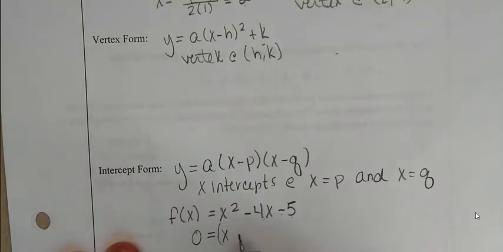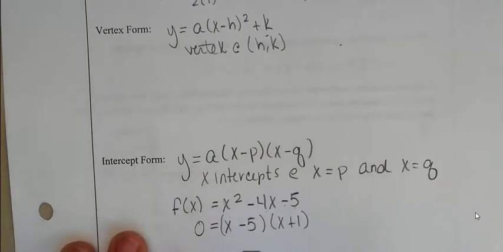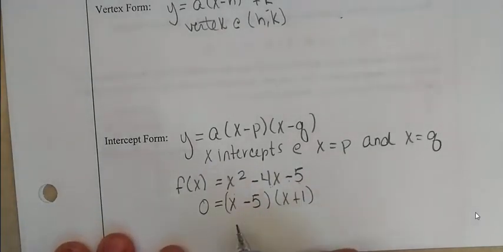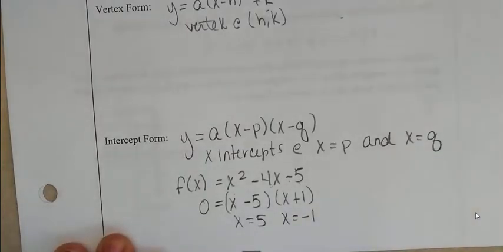So this is going to give us x minus 5, x plus 1. And when you set each of those equal to 0, you get x equals 5, x equals negative 1. That gives us our x-intercepts, and then we're going to have to do some work with that to realize that our vertex, or our axis of symmetry, is right in the middle of those two.